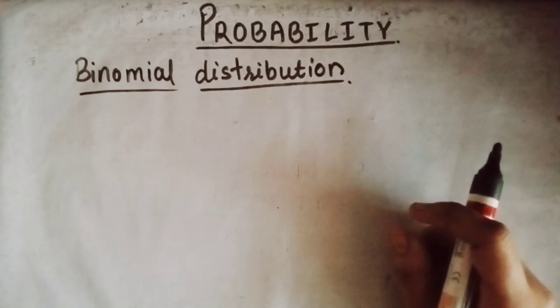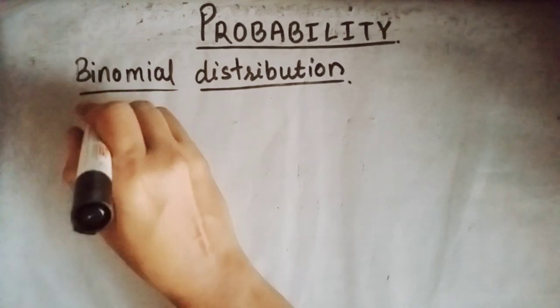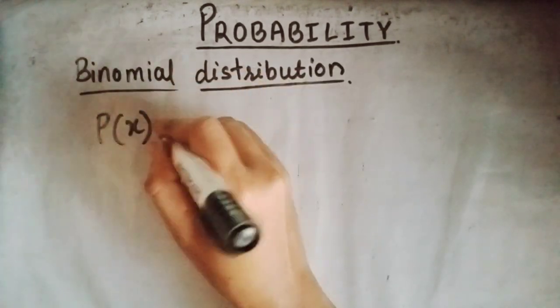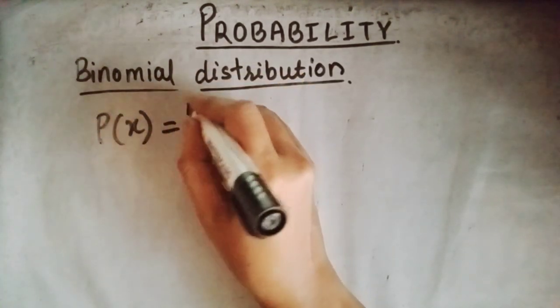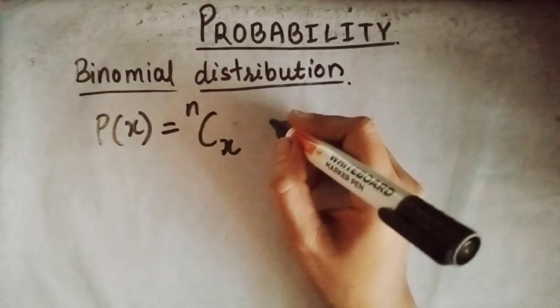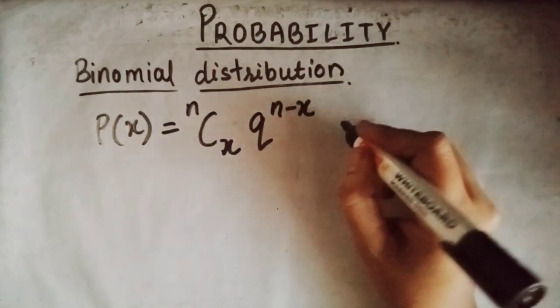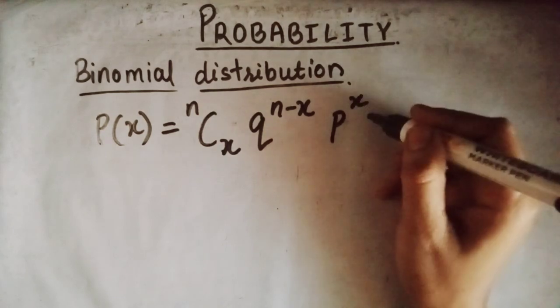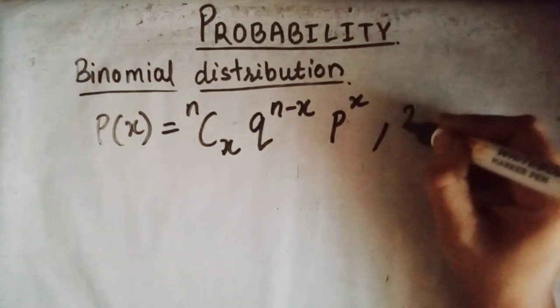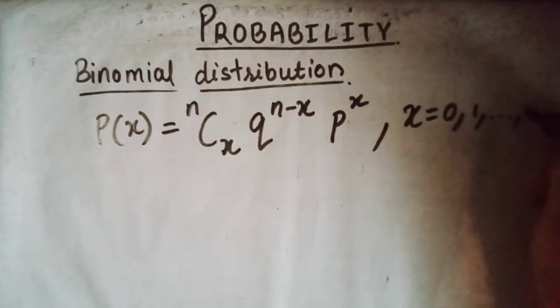It is given by the formula, that is the probability of x successes, which is denoted by p of x. P of x equals n c x, q raised to n minus x, p raised to x, where x is 0, 1 till n.